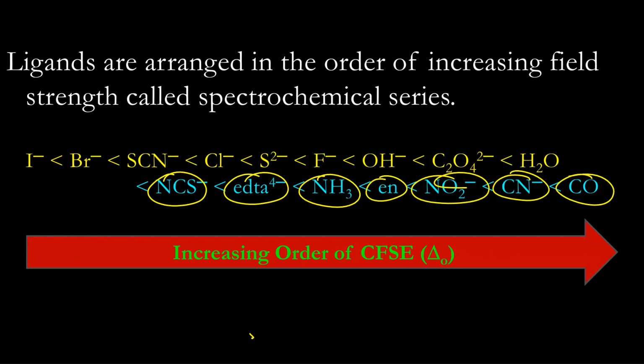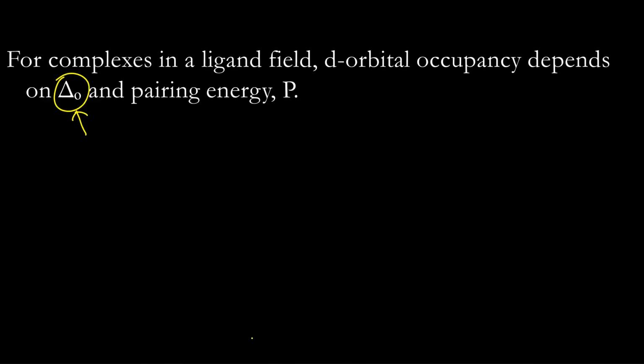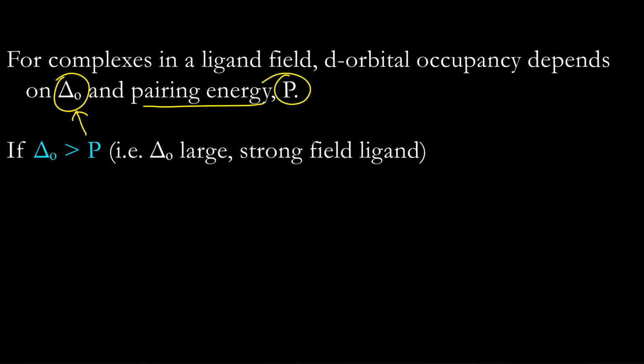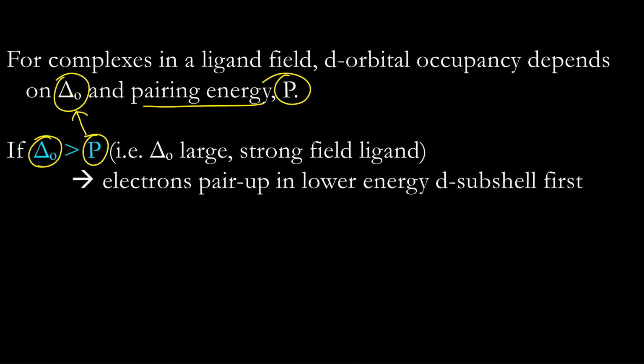Here we are saying the same thing: if this is the case, then the pairing energy P will be less than delta naught. Means whatever this energy is, if it is greater than the pairing energy, then it is considered a strong field ligand, and in that case electrons will pair up in lower energy d subshells first.